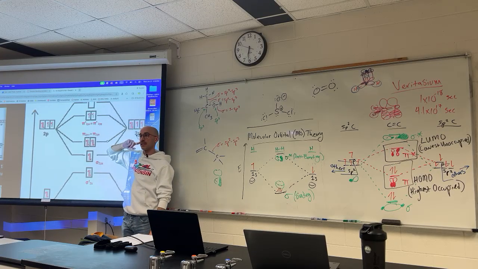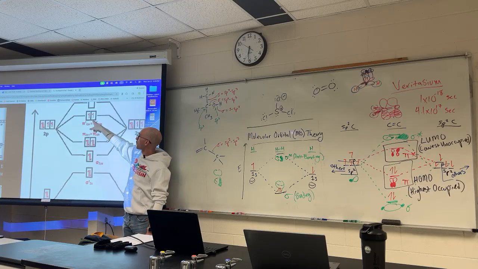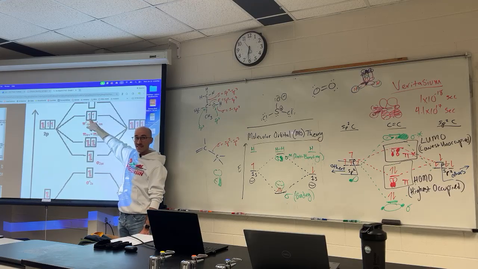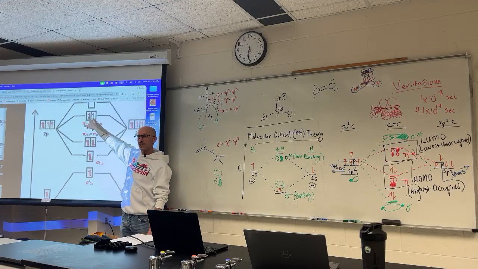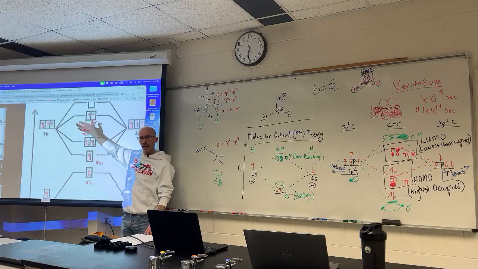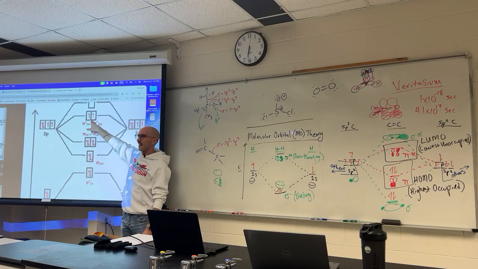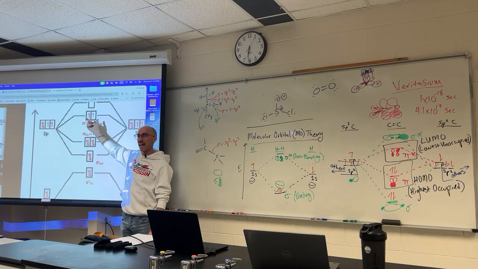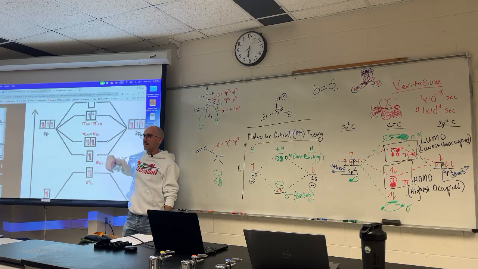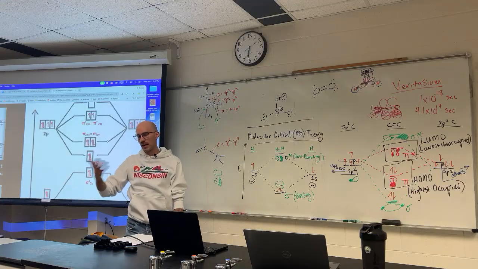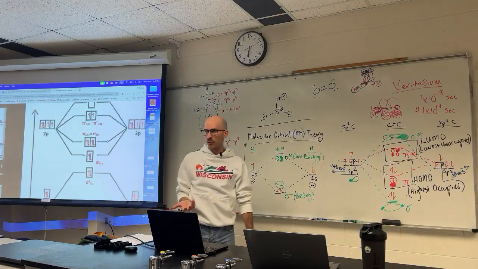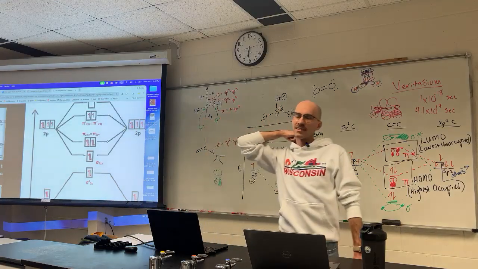MO theory predicts it. The other thing that MO theory predicts is that oxygen has these radical electrons, which is why in biology you want to be careful about oxygen because you have those free radicals. But it also means that oxygen is magnetic. It has unpaired electrons that have their own magnetic spin. The thing is, oxygen just doesn't have a lot of intermolecular forces, so it doesn't experience it a lot.